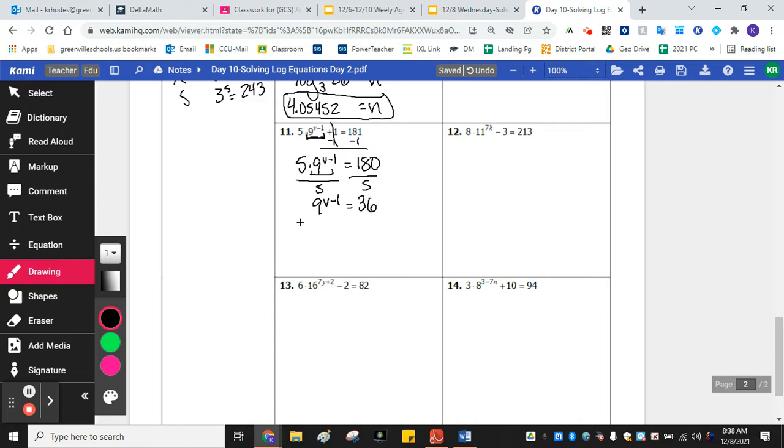Write it in logarithmic. So log base of my exponent becomes the base of my log. 36 equals v minus 1. Then I still have one more step to add over the 1. So we're taking the log of 36 and adding 1 to that.